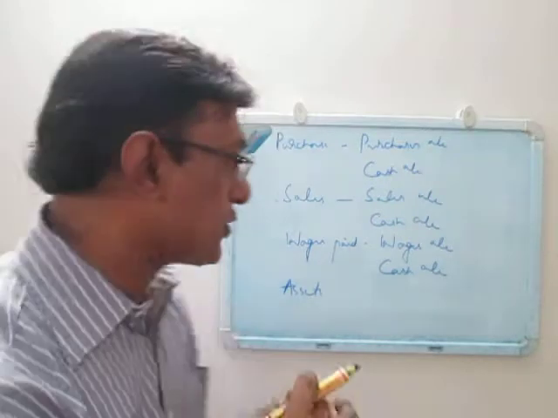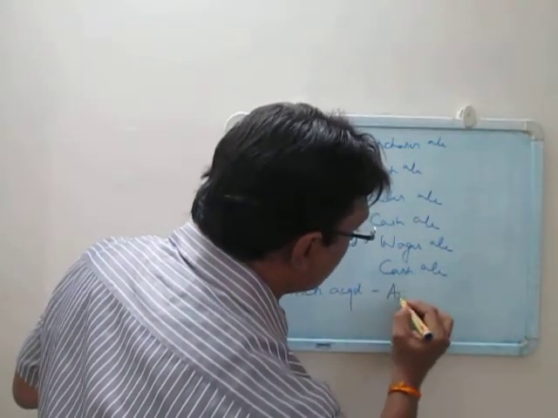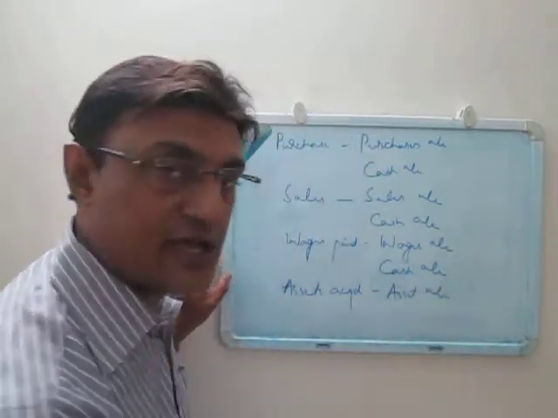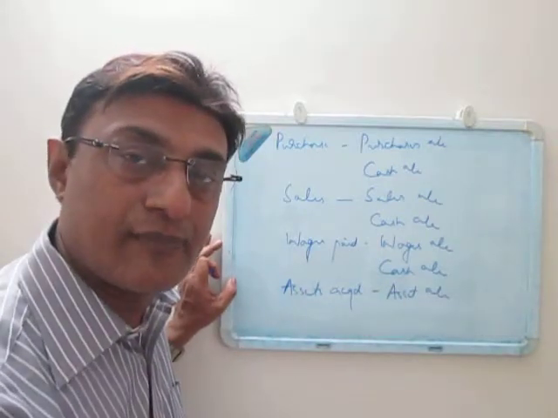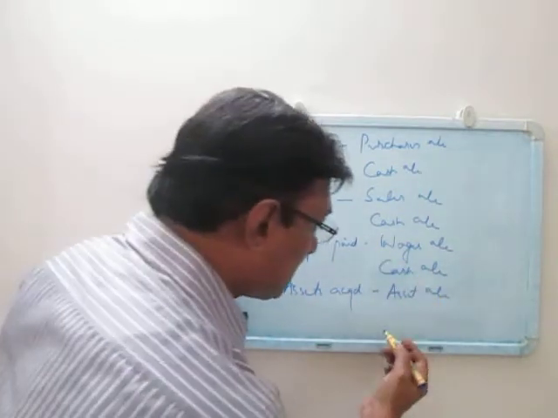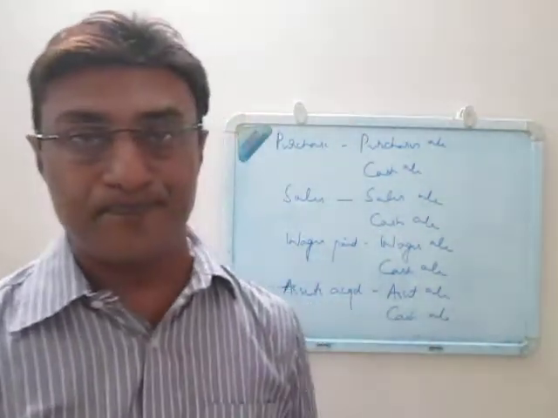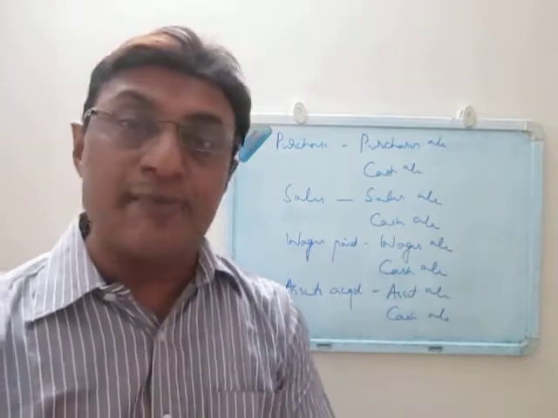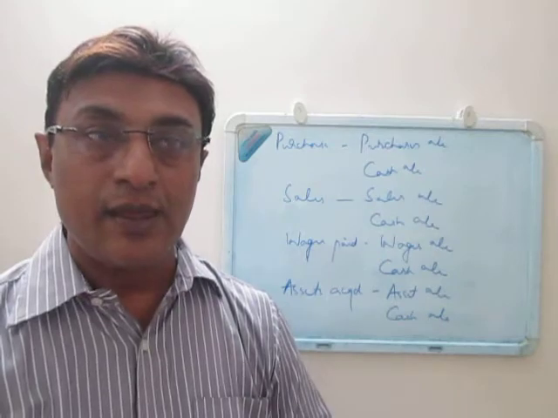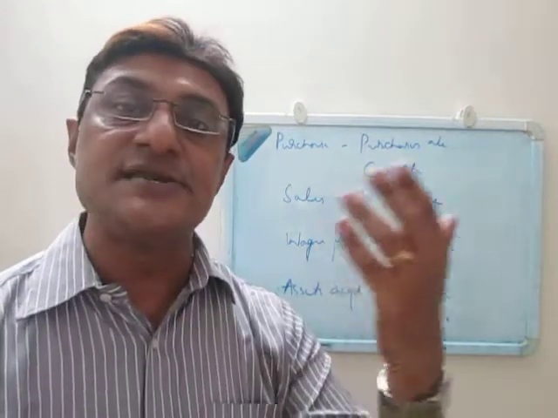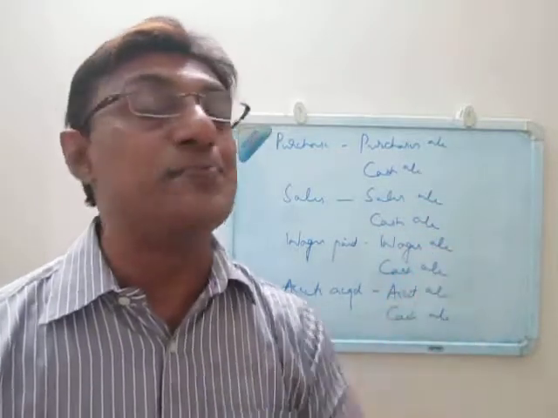So when assets are acquired, you have the respective asset account, furniture account, building account, land account, and the purchase is paid for in cash. So I have taken examples where you have one of the accounts as purchases, sales, wages, investments, assets, and the other being cash because cash is paid for it.